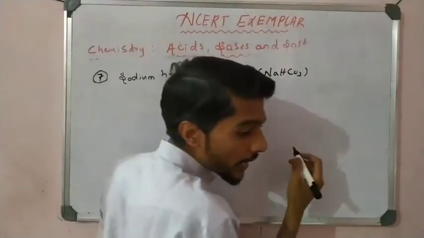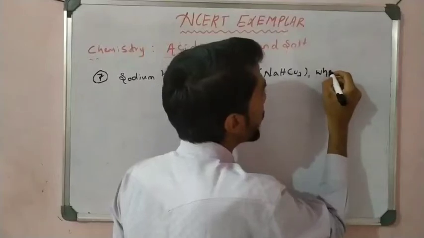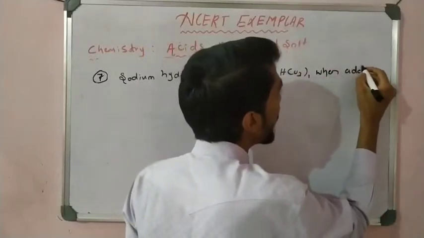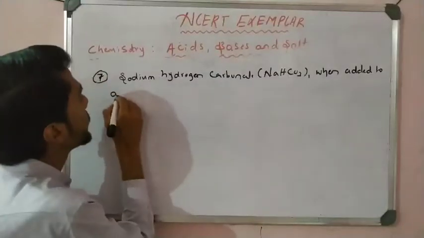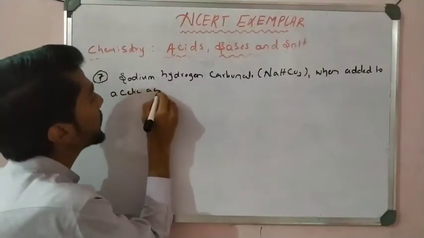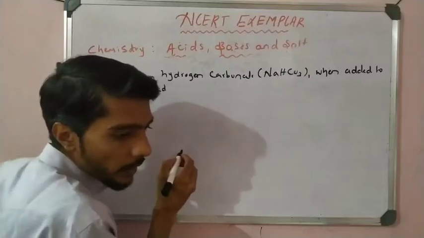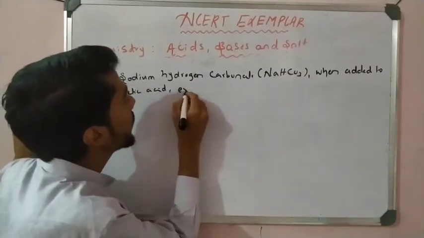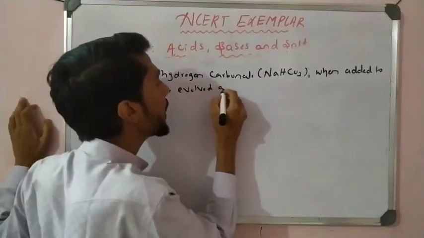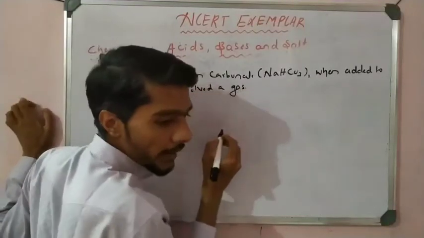When added to acetic acid, that is CH3COOH, it evolves a gas.